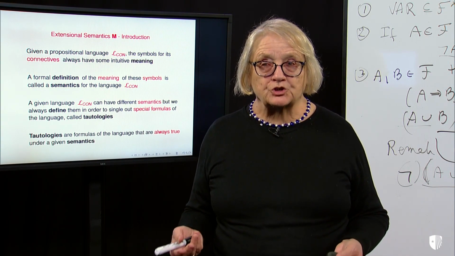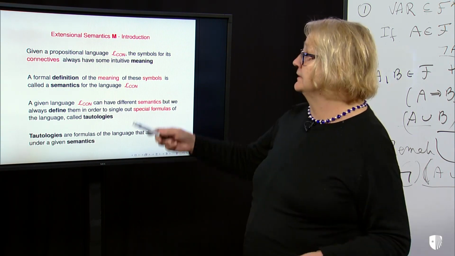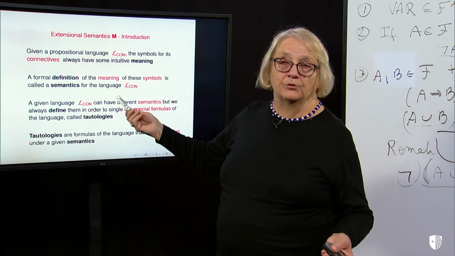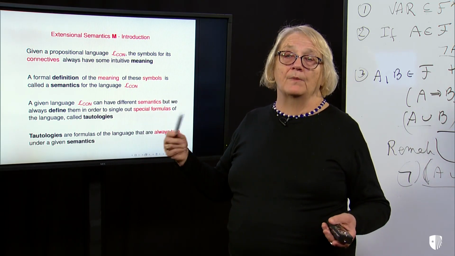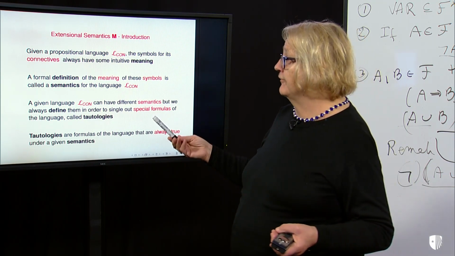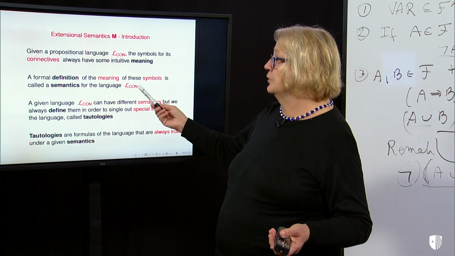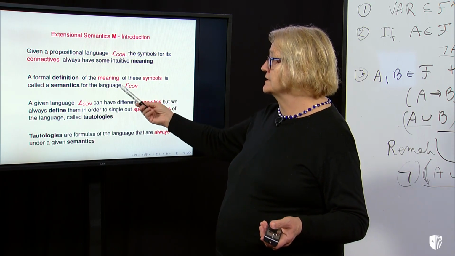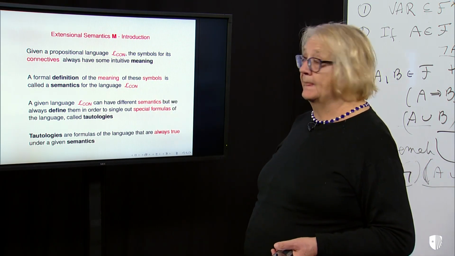For a given propositional language with a set of connectives, the symbols have only intuitive meaning. So the formal assignment of logical values to those connectives is called the semantics of the language.